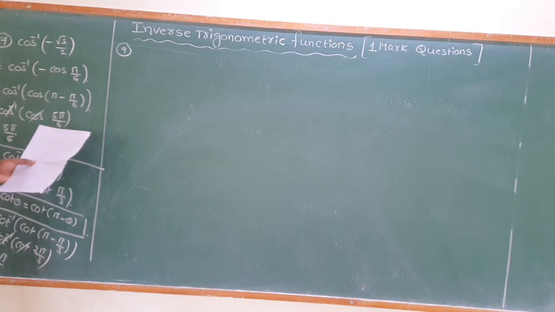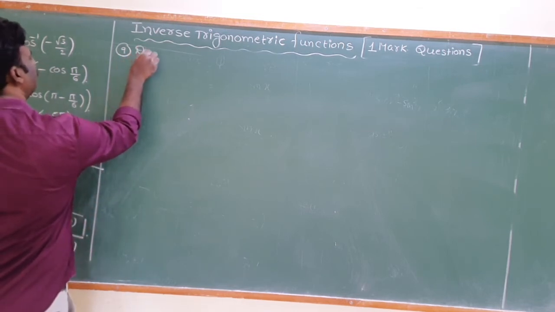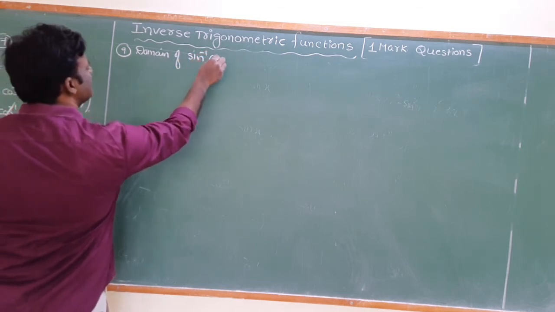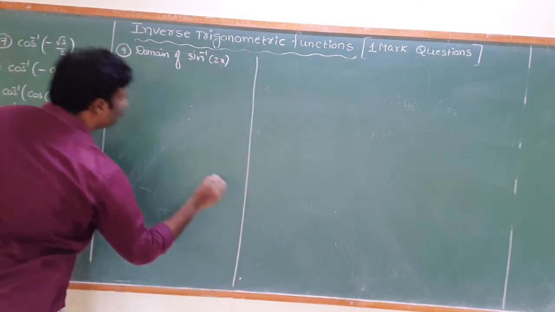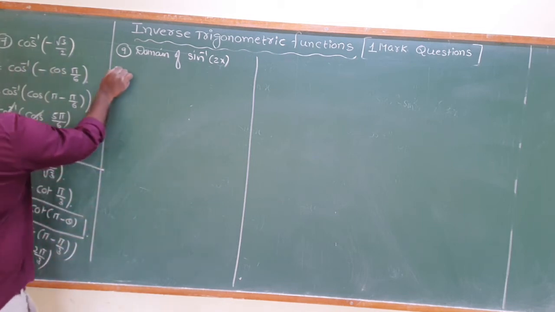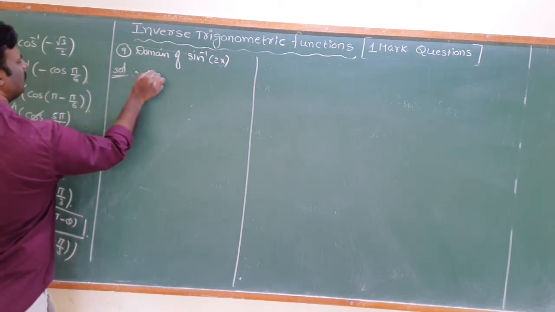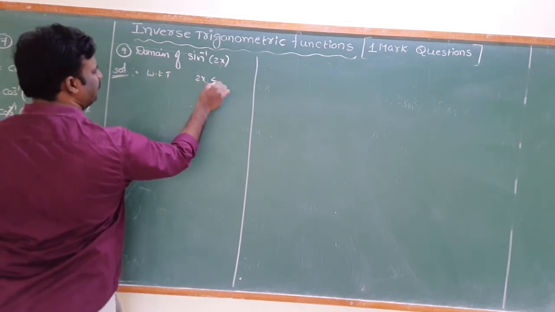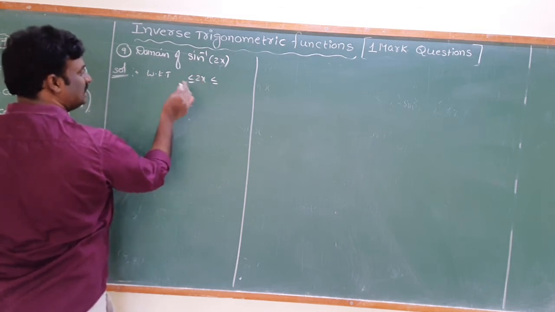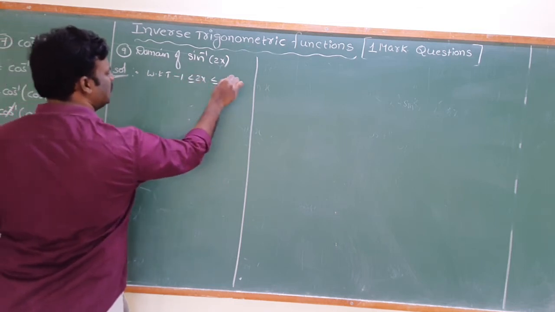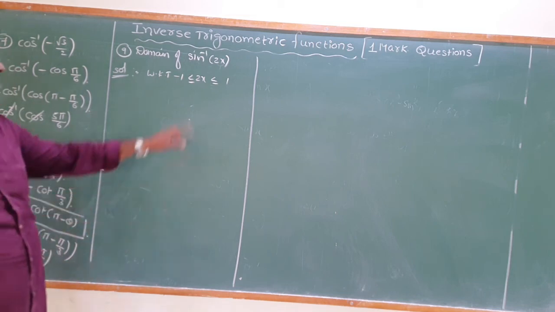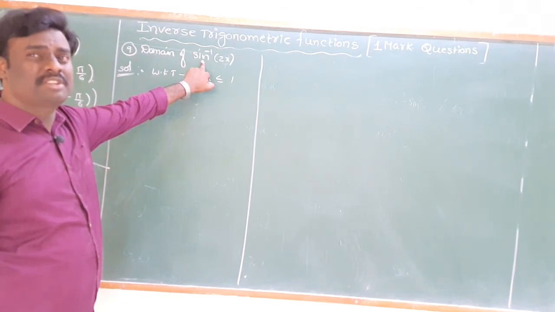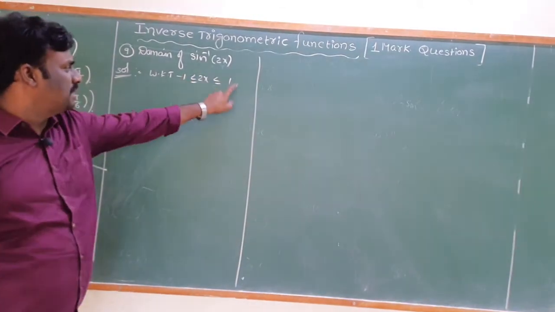Next, 9th: domain of sine inverse of 2x. We know that 2x lies between minus 1 to plus 1, because the sine inverse domain is minus 1 to plus 1.